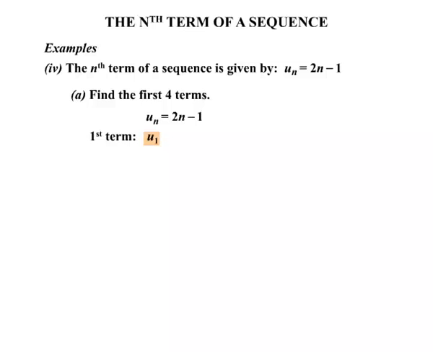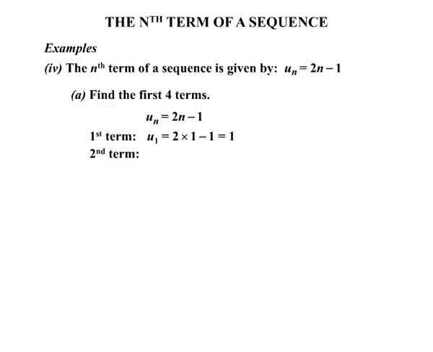In other words, where we see the un, we've replaced the n with 1, being our first term. So the rule is 2n minus 1, we replace the n with 1. So it equals 2 times 1 minus 1. And 2 times 1, of course, is 2, subtract 1, and we get it equal to 1.